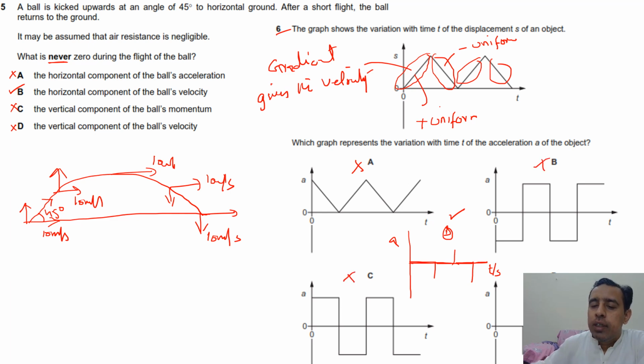The acceleration must be zero because the velocity is uniform, and the velocity is actually shown by the gradient of the displacement time graph. Sorry, the last graph is behind this picture.